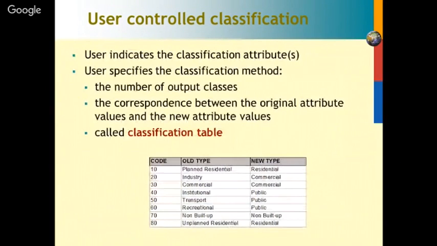There may be cases where the user has their own tables. Sometimes you may have a detailed level of classifications. For example, in urban studies, we may have different areas like plant, residential area, industrial, commercial. These are different land uses which are possible in urban planning, but these are very fine levels of classification.